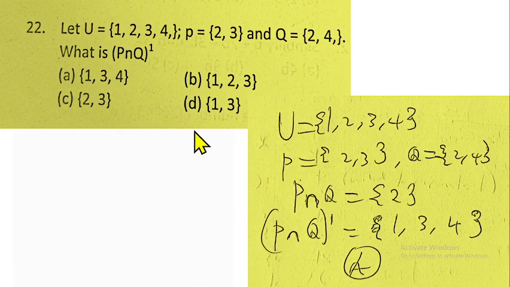Question number 22 is on sets as well. Let set U be 1, 2, 3, 4, and set P be 2, 3 and Q be 2, 4. What is P intersection Q complement? First of all, find the intersection between P and Q. The intersection between P and Q is 2.